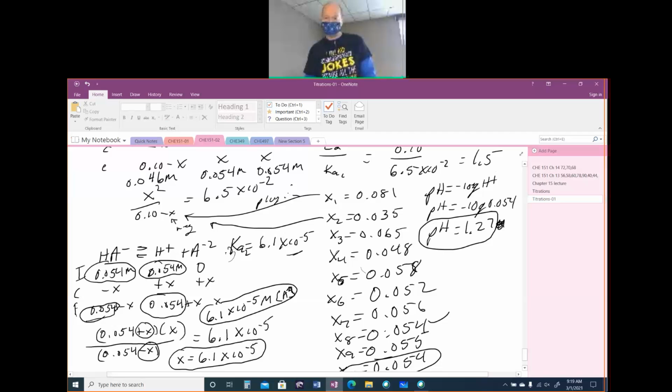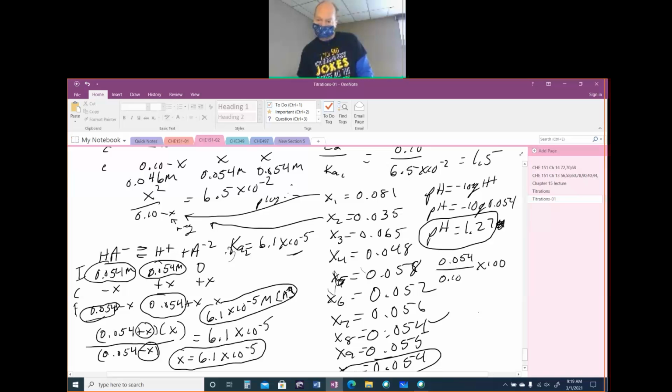All right, and you want the percent ionization of your H2A. And this is going to be quite a large percent ionization because your value of Ka is so large, comparatively speaking. So you have your 0.054 divided by the initial 0.1 times 100.